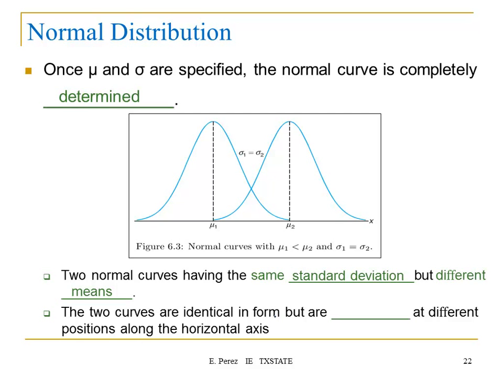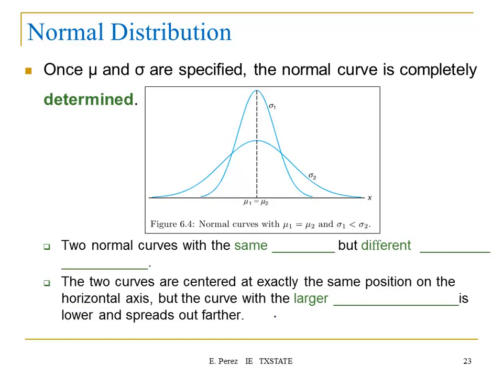They have the same standard deviation but different means, so that's why one is located on this side and the other one is located to the right. The two curves are identical in form, but they are centered at different positions. So you can have different means, you still have the same shape, but you're located in different places with the same standard deviation.